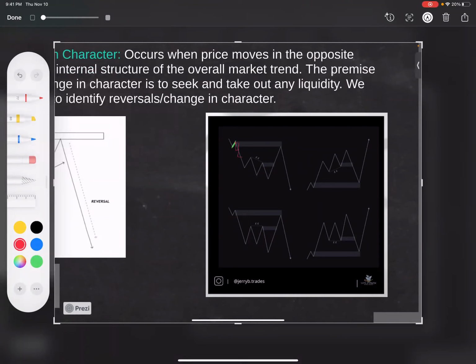We see some strong Marubozu candlesticks indicating strong momentum to the downside. So it's going to be a strong low. The trend is obviously bearish, right? But remember, whenever we see those Marubozu candles, they're going to leave behind some fair value gap.